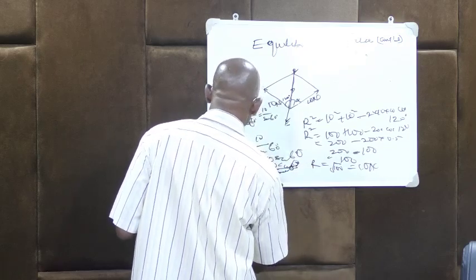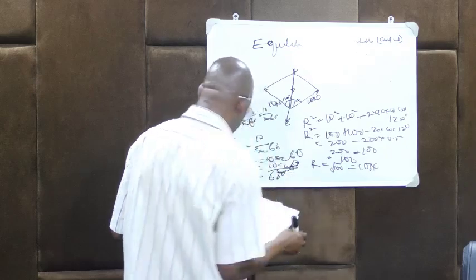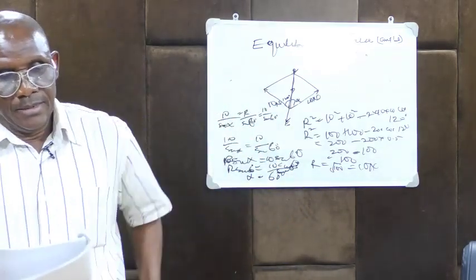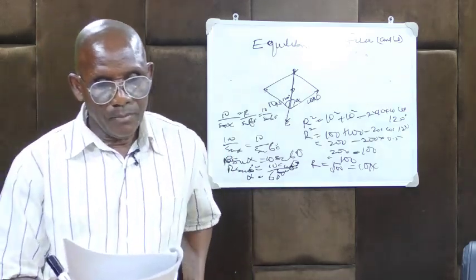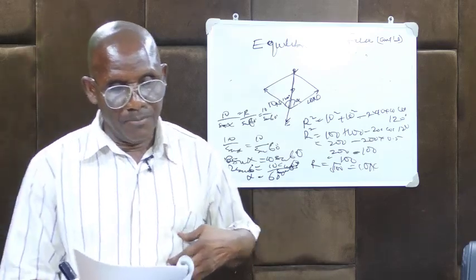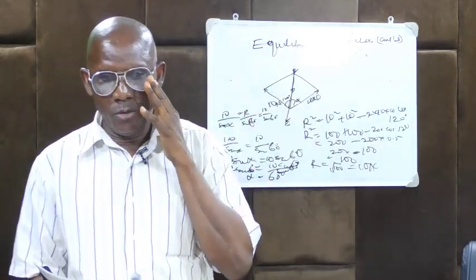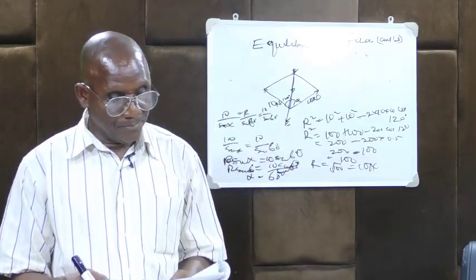So alpha is equal to sine inverse of that, and that is 60 degrees. So the resultant force is 10 Newton at 60 degrees with each of the forces. So take note of that. You can see that I've applied the two rules to solve the problem. Take note of that.